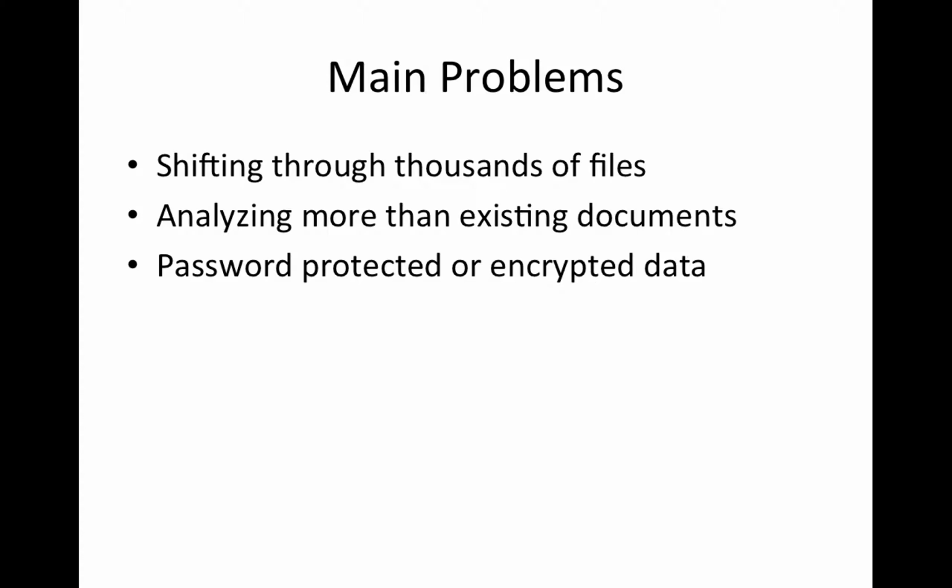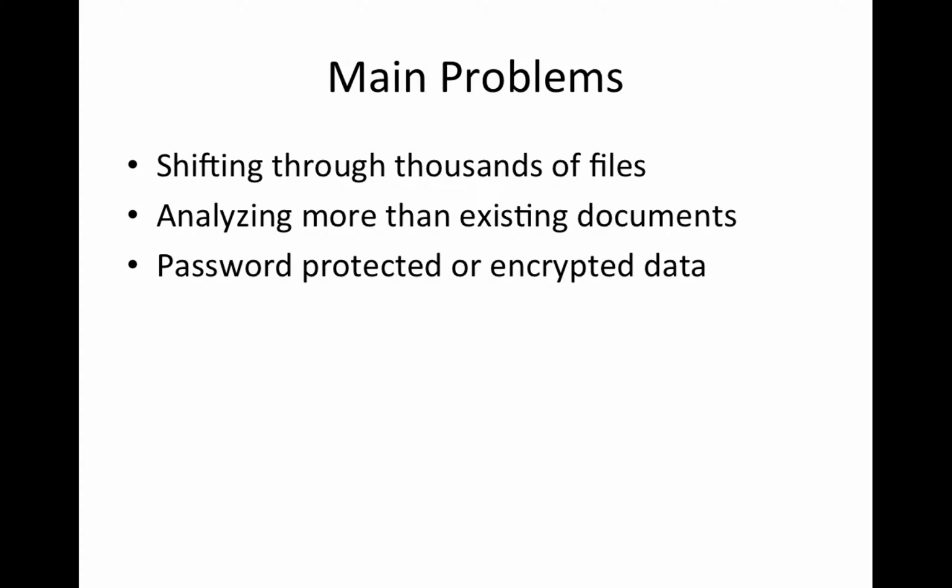If I committed any crime, investigators have to search all these files. The second is analyzing more than the existing document. If evidence is found in any folder, investigators must also research other related folders, such as subfolders or parent folders.